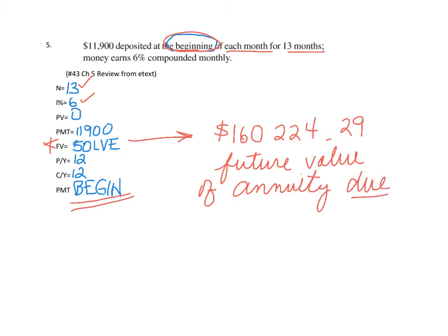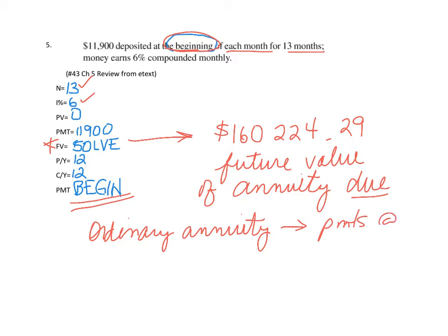If it was an ordinary annuity, your payments are at the end. So keep that in mind, because that's a question you may see on the exam.